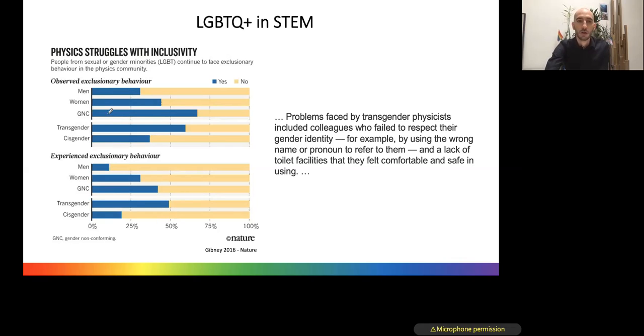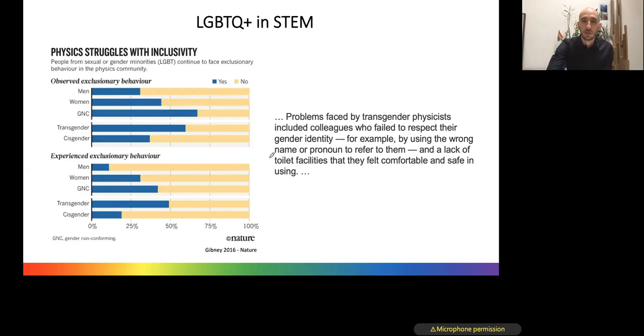And especially our most targeted siblings, the gender non-conforming and transgender, face an even harder life in the lab. These struggles and behaviors range from sexual harassment, homophobic comments, expectation of incompetence, stereotyping, to not having a proper toilet facility that someone felt comfortable and safe in using.